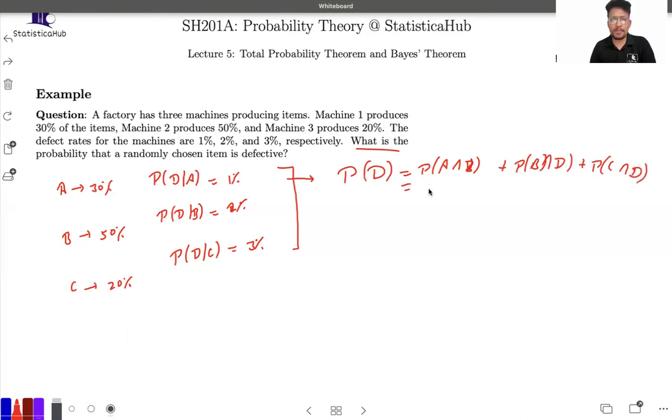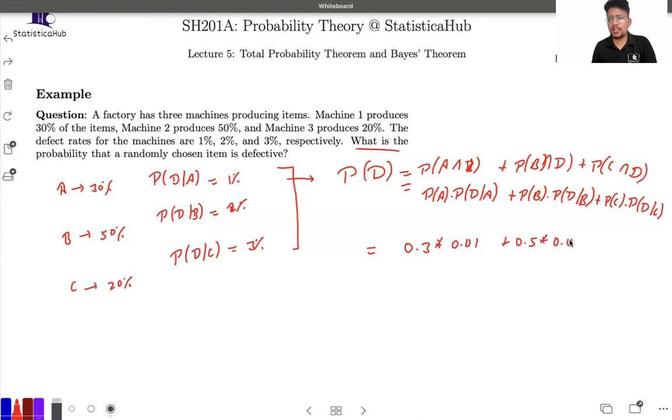That will come up as probability of A into probability of defective given A, plus probability of B into probability of defective given B, plus probability of C into probability of defective given C. So that is 0.3 into 0.01, plus 0.5 into 0.02, plus 0.2 into 0.03.